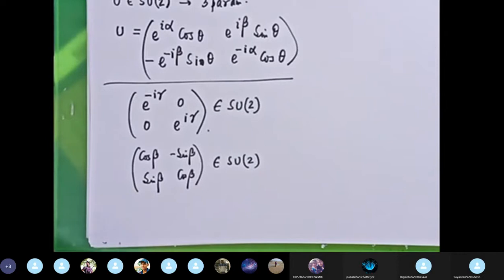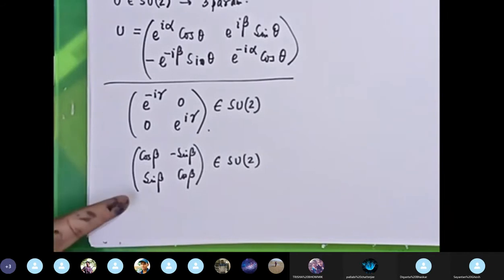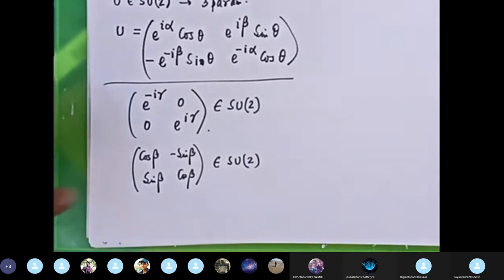But SO2 is a subgroup of SU2, because the elements become real and then dagger becomes transpose. So this satisfies the condition U U dagger equal to 1 and determinant U is 1. This is the condition for SU2. It nowhere says it can't be real. So an intelligent person can trivially take this also as an SU2 group.